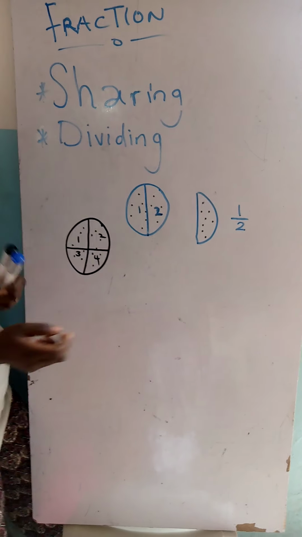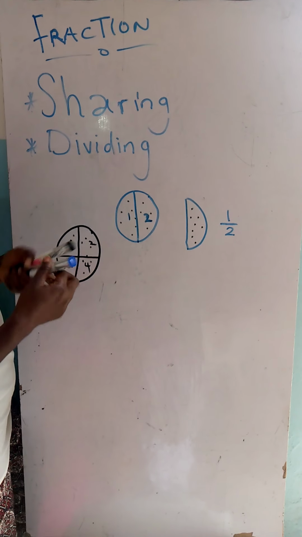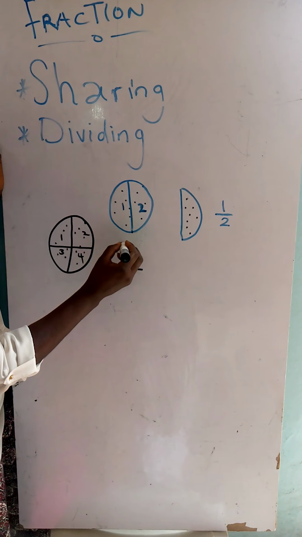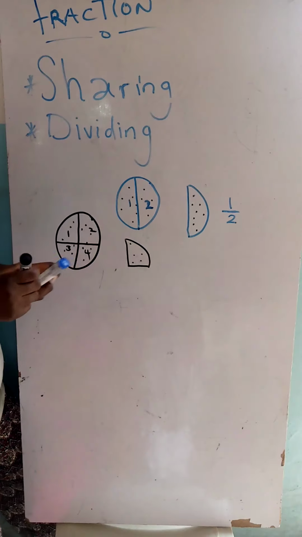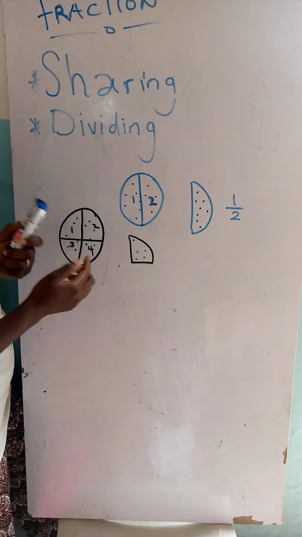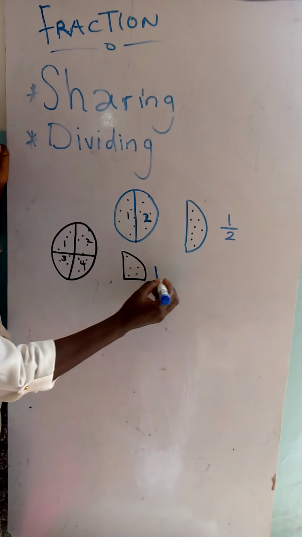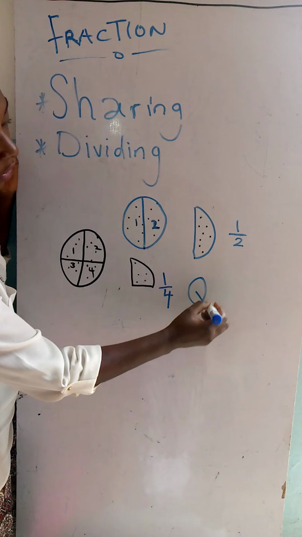We have 4 parts to this biscuit. You remember, I divided it into 4 parts. If I pick just one part like this, it's going to be 1 out of the 4 parts. So this one is called a quarter.